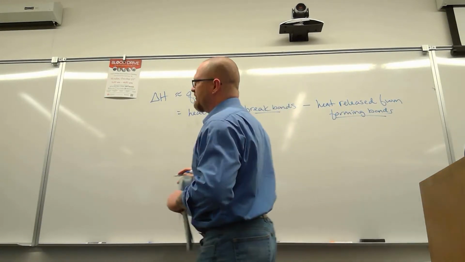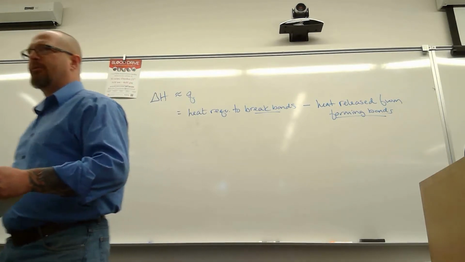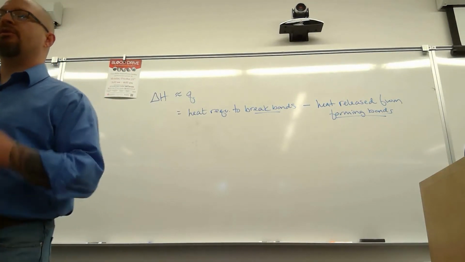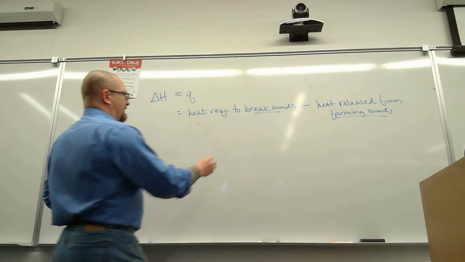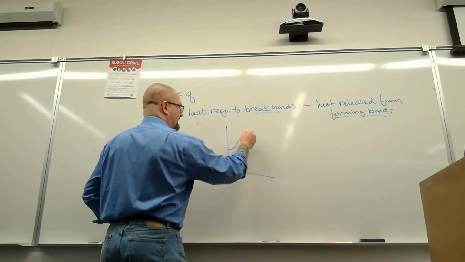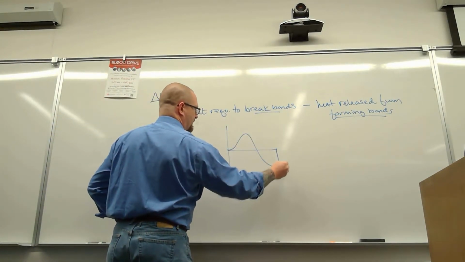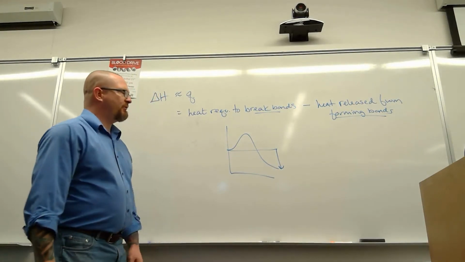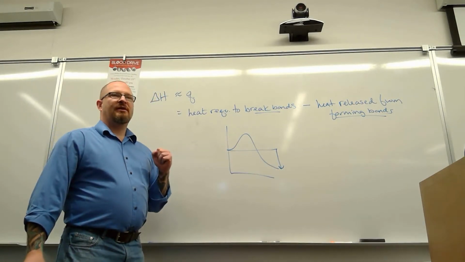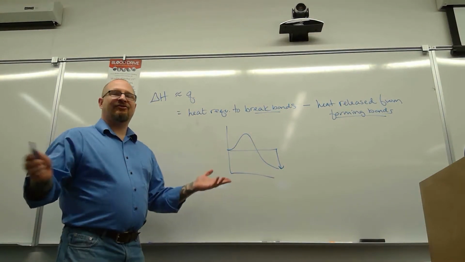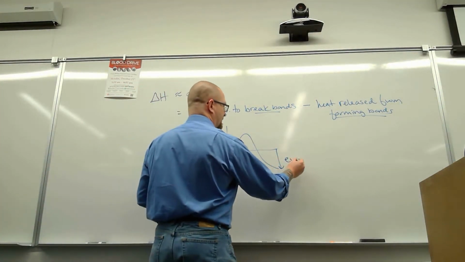minus the heat released from forming bonds. And this almost always is a curveball for people. Because when you think of a chemical reaction, you're usually thinking of a favorable reaction involving a decrease in energy, or releasing energy, because this would be exothermic.